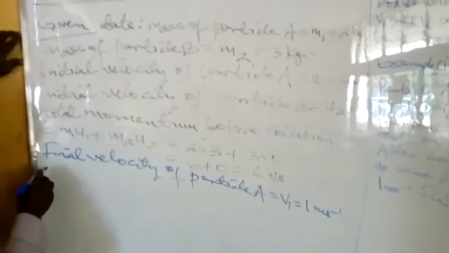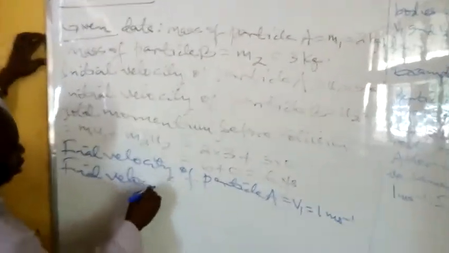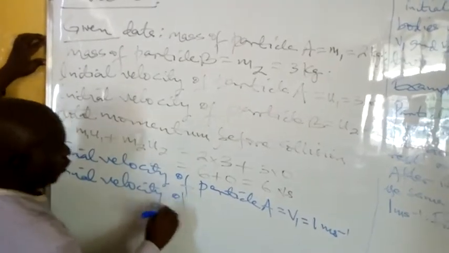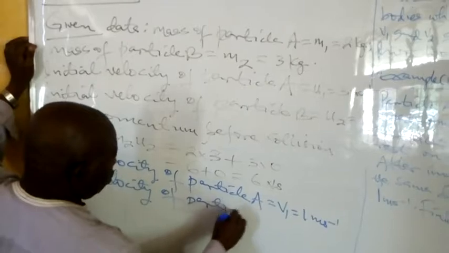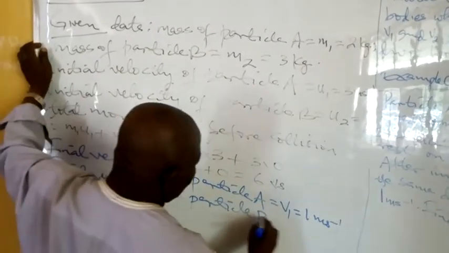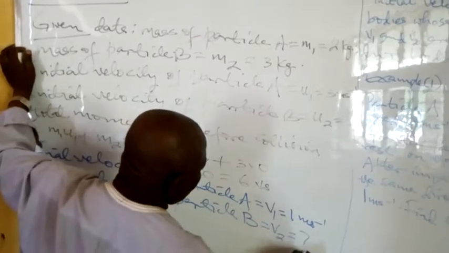Final velocity of particle B is equal to v2, which is question mark.